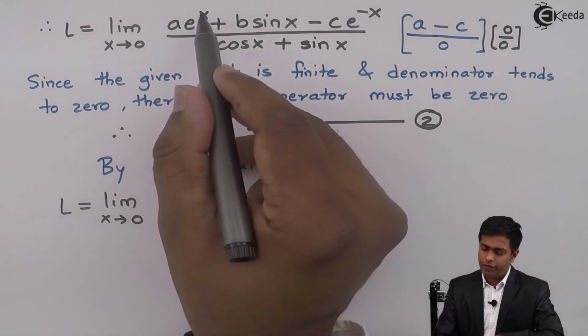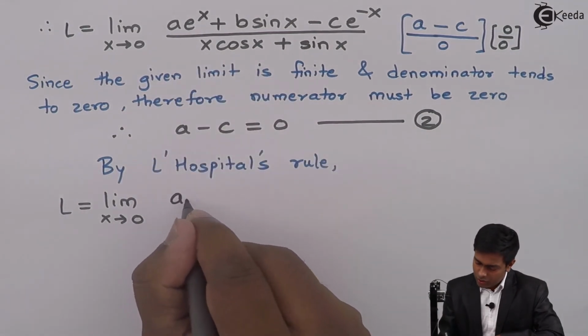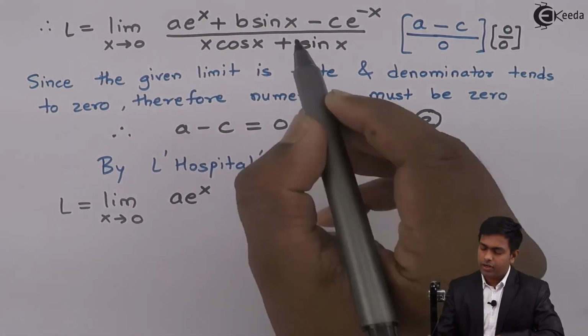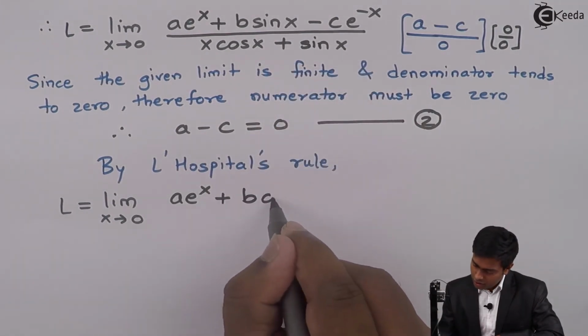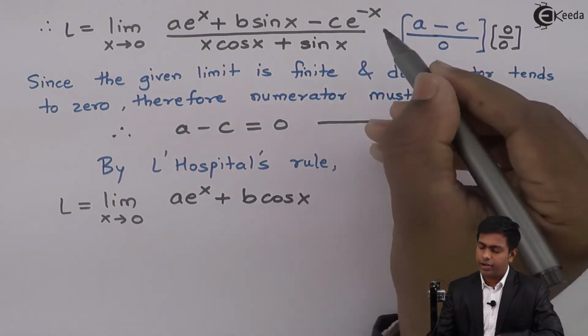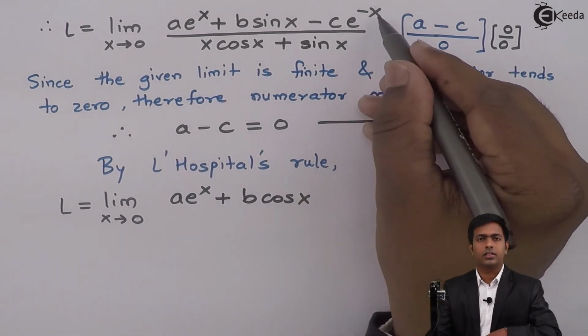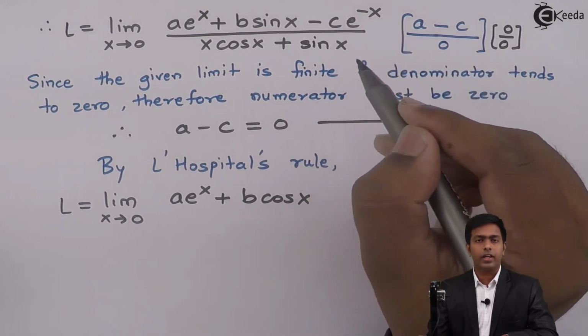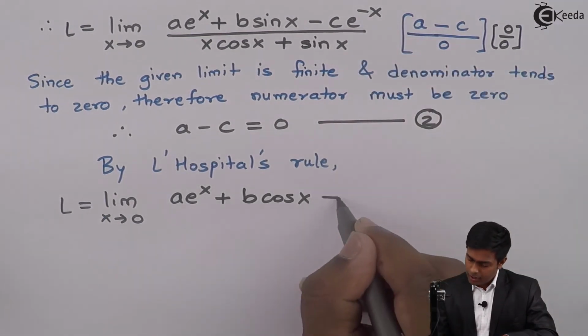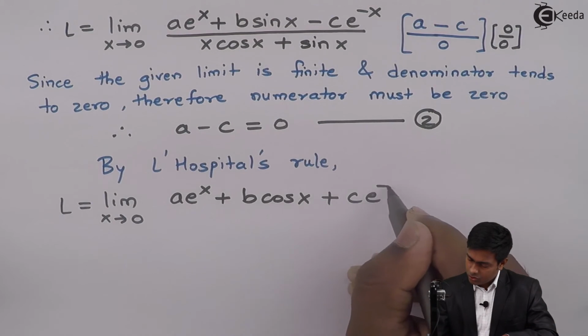Now the derivative of e raised to x is e raised to x, so a e raised to x. Derivative of sin x is cos x, so plus b cos x. Derivative of e raised to minus x is minus of e raised to minus x, so that will become plus c e raised to minus x.